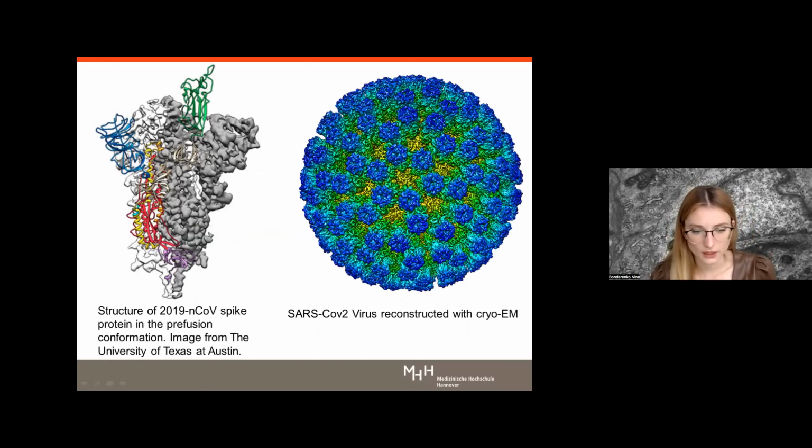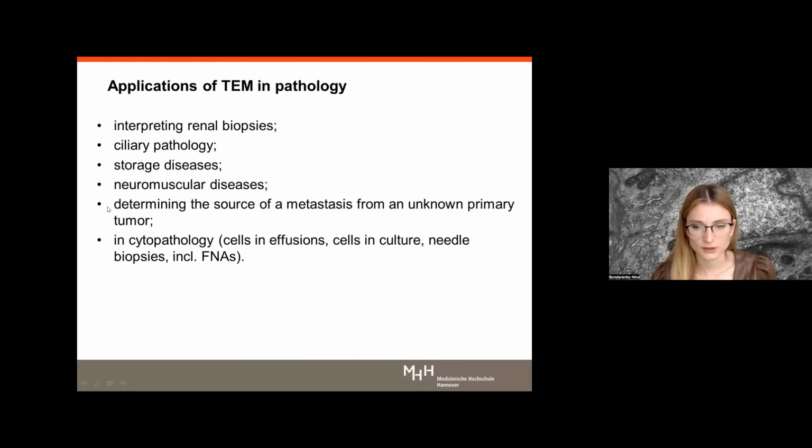This is another variant of cryo images, and as you may recognize, this is the structure of the spike protein of the coronavirus, the SARS-CoV-2 virus reconstruction by cryo-EM. I guess all of you saw these slides, because the coronavirus pandemic was a very powerful experience for all of us, and everyone was interested in brand new research in this area.